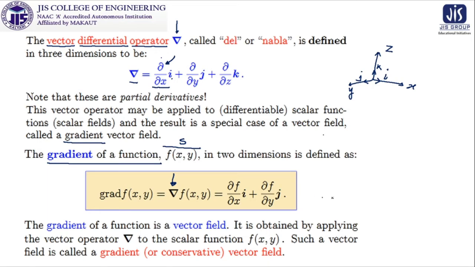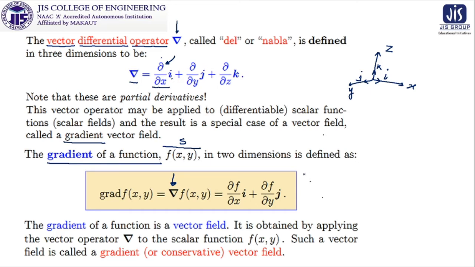Clear? So two things to concentrate on, so as not to get any confusion: del is the vector differential operator and del on f of x y is called the gradient of the function f of x y.